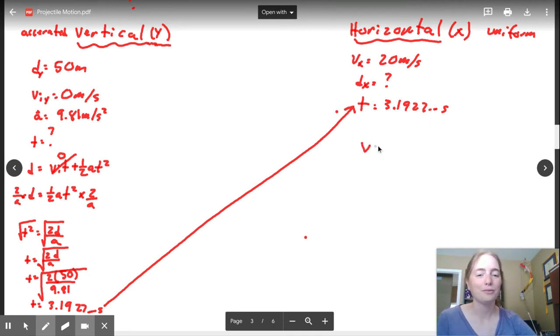So v equals d over t. I can rearrange this. d is going to equal v times t. And then I'm going to multiply my values together. All digits, no rounding until the end.